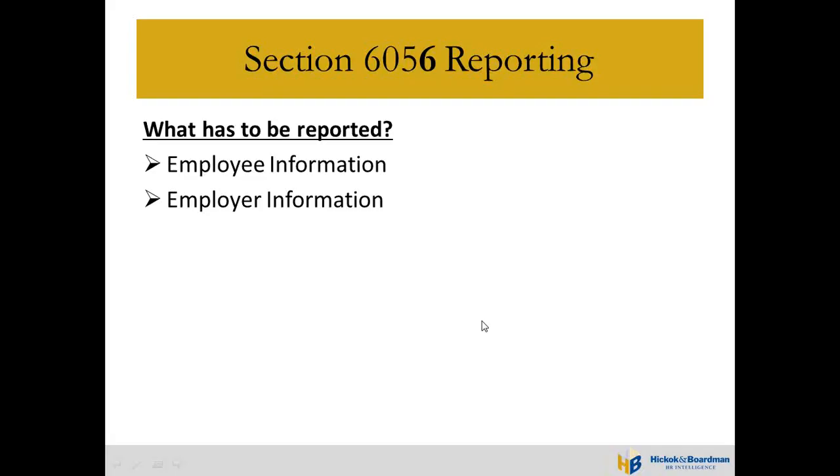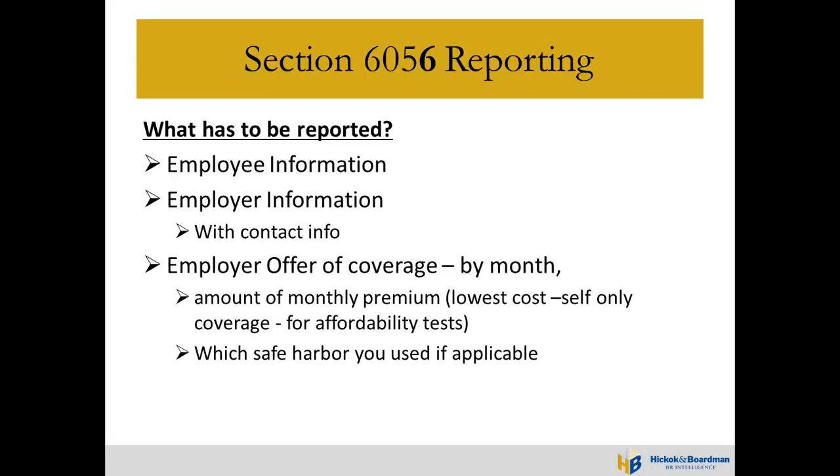Your employee information, your information with a contact info that the IRS or the employee can call. You have to show that you offered coverage by month to your employees. The amount of the monthly premium has to be reported, and that premium is only the lowest cost plan for self-only coverage. Okay, so lowest cost plan, self-only coverage.